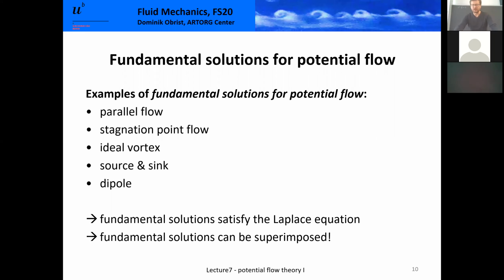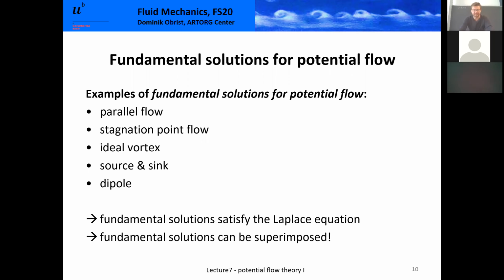The solutions we're going to look at in the next 30 minutes or so: first, a solution of parallel flow. Maybe a bit boring, but it's the most fundamental one. We're going to look at the stagnation point flow, which is rather complex, but still surprisingly simple. We're going to look at an ideal vortex. Maybe you remember that term.